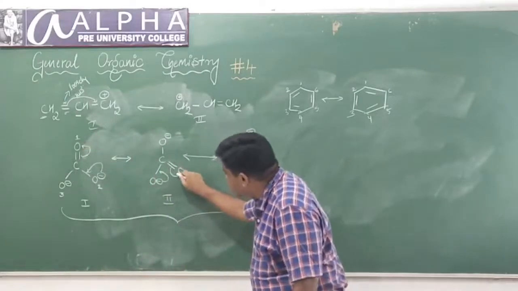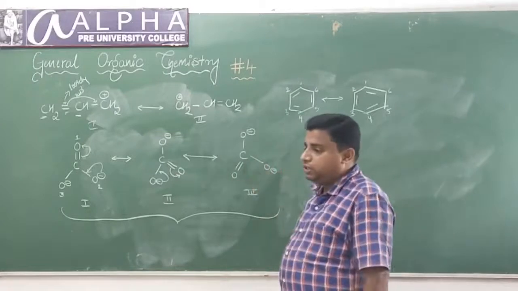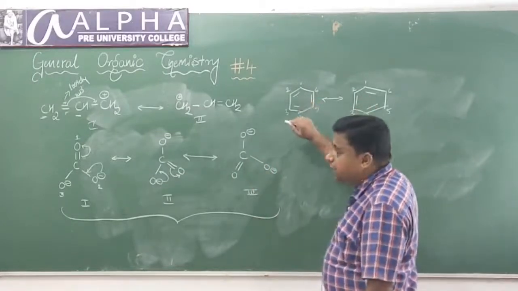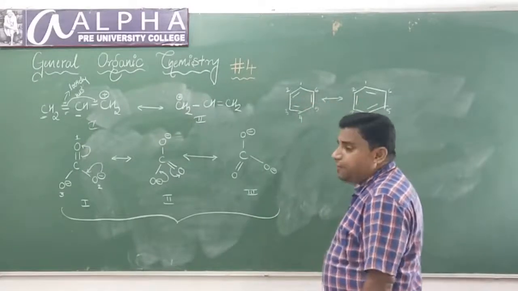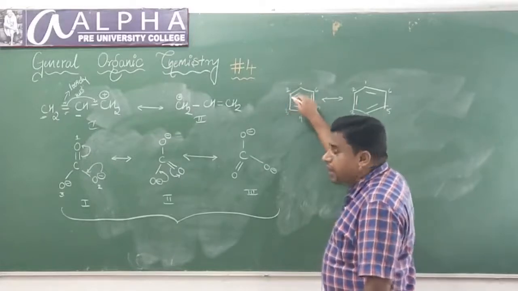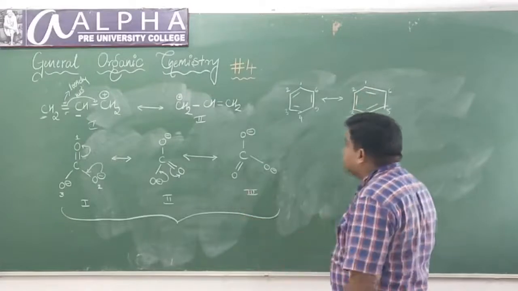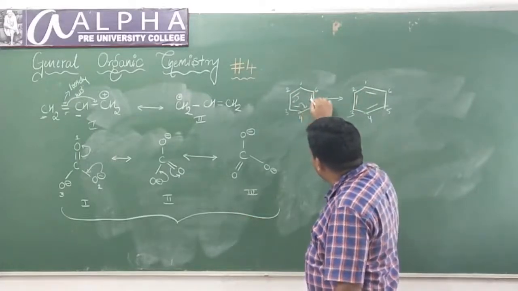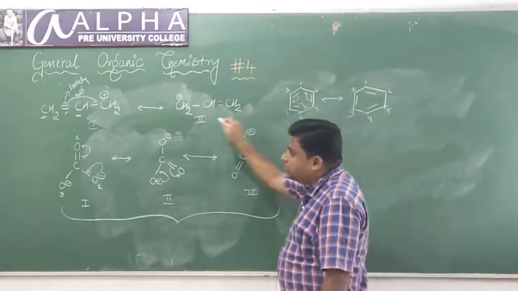In benzene, the pi electrons are displaced from first carbon to second carbon, and here the pi electrons are between second and third carbon. So there is displacement of pi electrons from here to here, in all these cases.